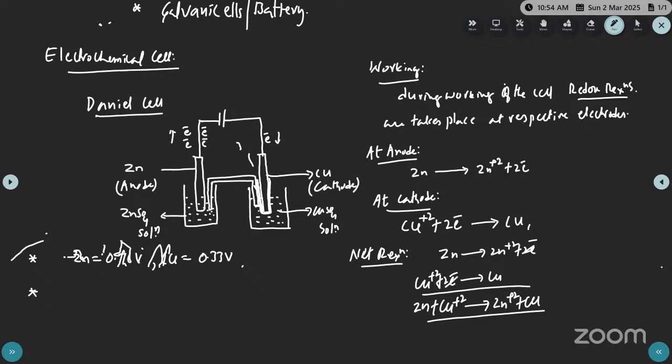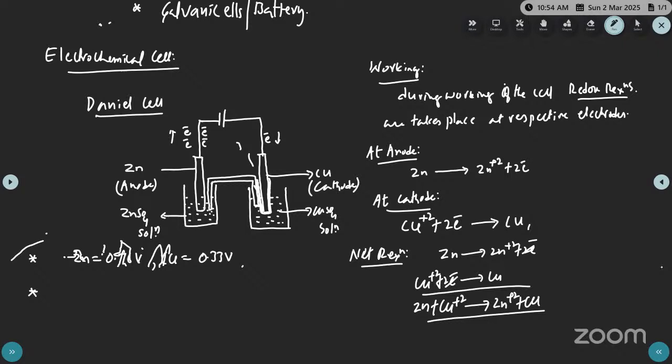Directly seeing this equation, how can you identify what is the anode and what is the cathode? See, before the reaction, what is the oxidation state of zinc?